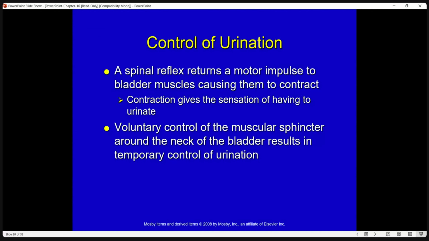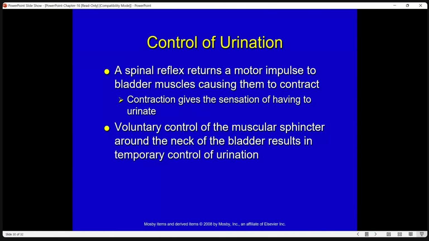So the control of urination is just by reflex. And I have said that if you see such a clinical presentation, it may indicate that there is a problem with the prostate. We'll talk about benign prostatic hyperplasia, that is enlarged prostate, on Thursday, and also prostatitis.